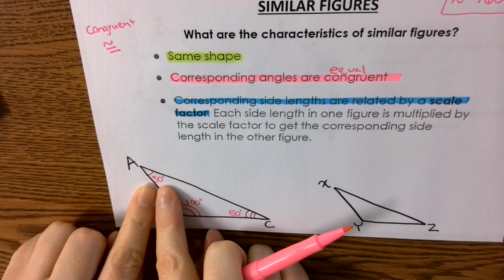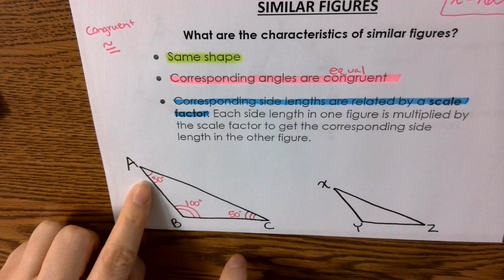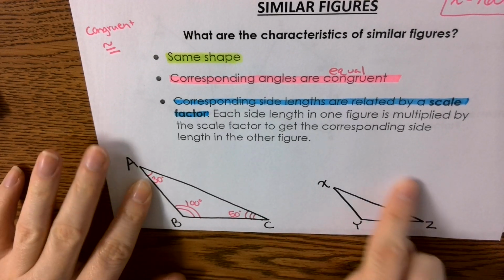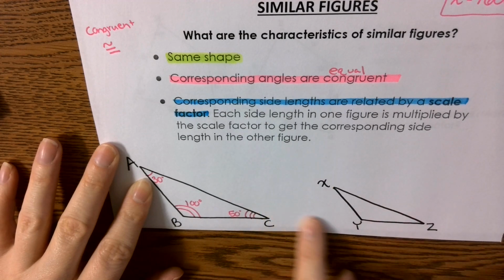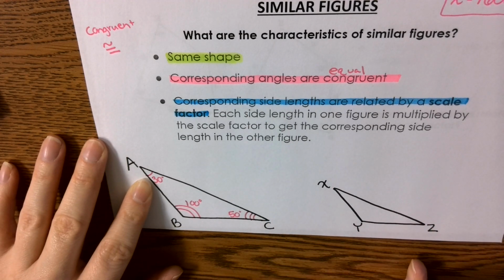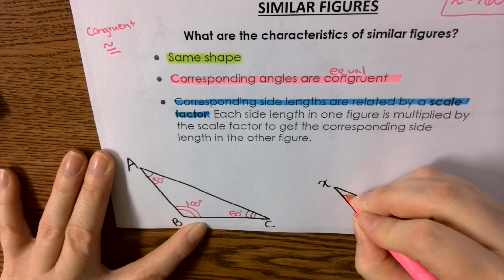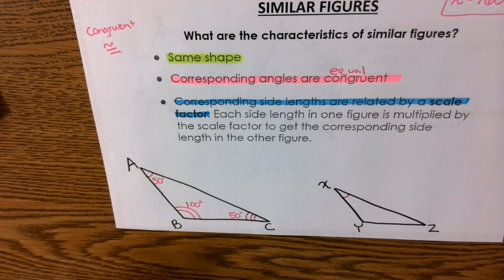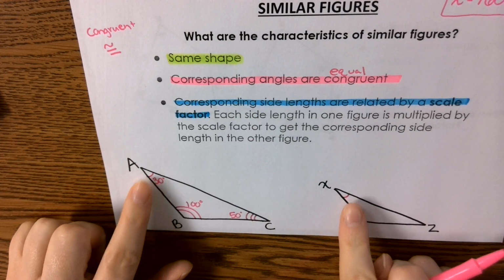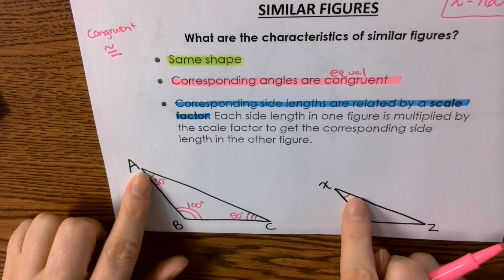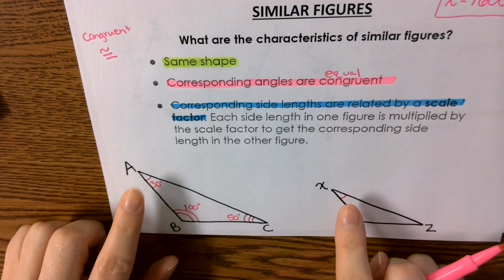So for ABC, angle A is supposed to correspond with which angle on here? Madison? X. Okay, so that means inside of X, I'm going to go ahead and just draw one arced line to showcase that A and X are corresponding with each other, and therefore they are congruent.